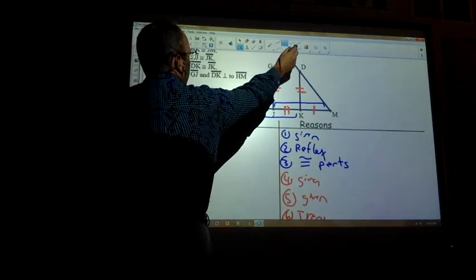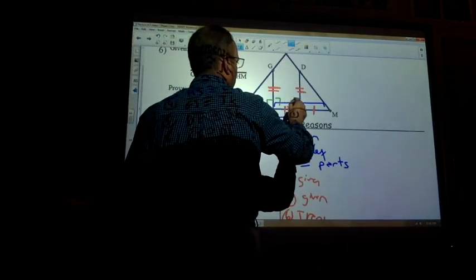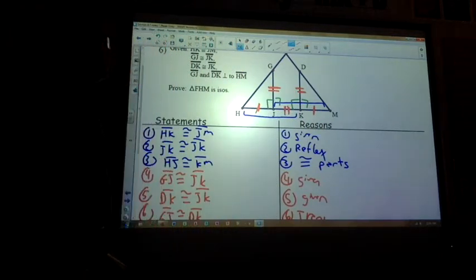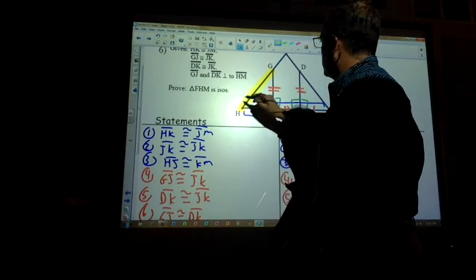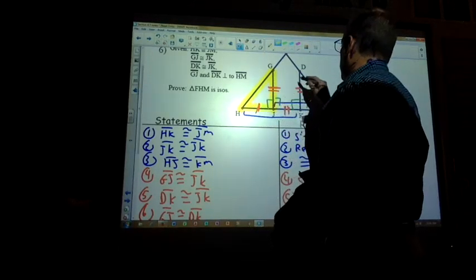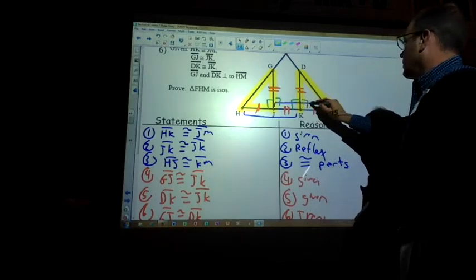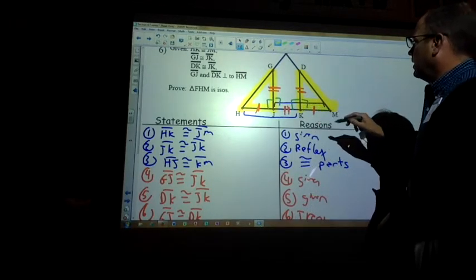So that's going to go with this and this and this and this. That's definition of perpendicular. FHM, that's the big one. Side angle side. For the triangle G, J, H, and J, M. So highlighter here, right? This triangle and this triangle are congruent. Side angle side.